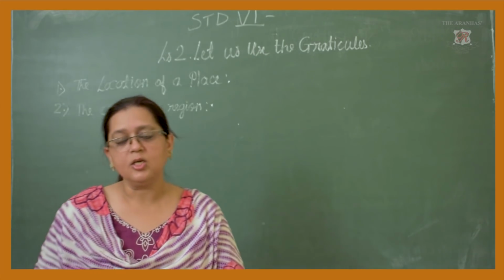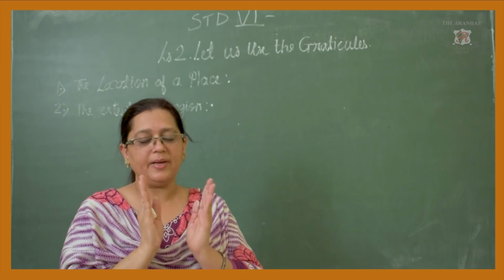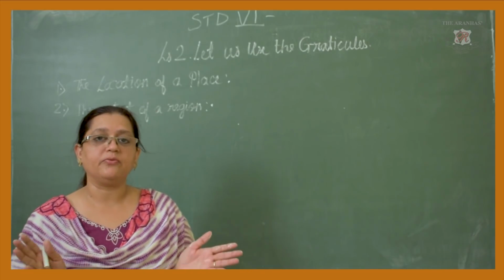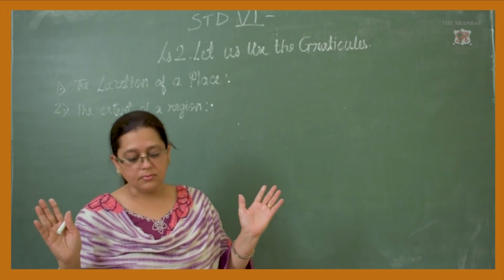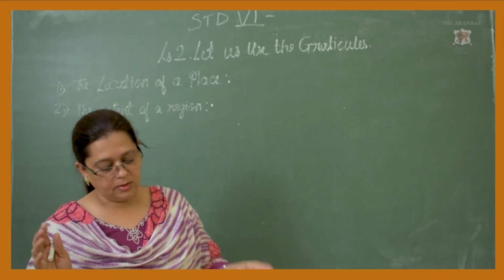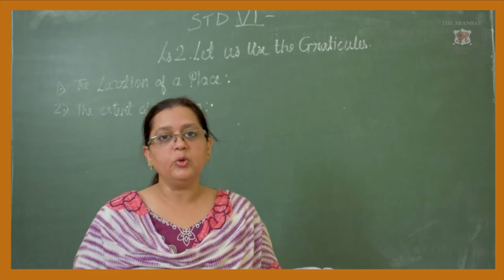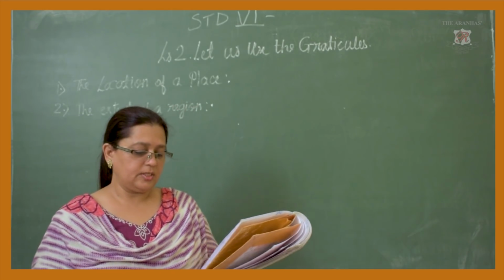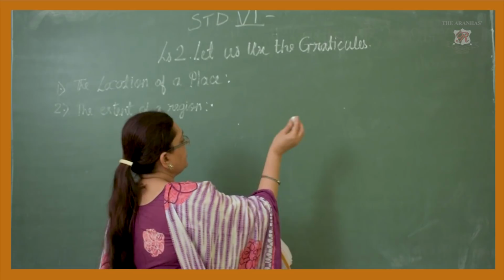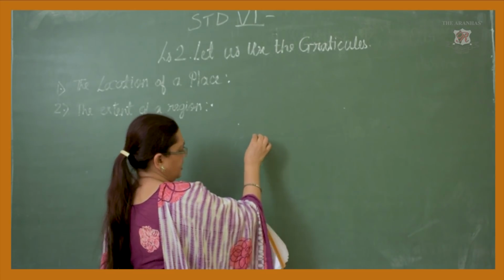Now we have found only a small place. Now we have to find the location of a region. How to find the region? We need to consider two parallels and two meridians. Now take an example of Australia.